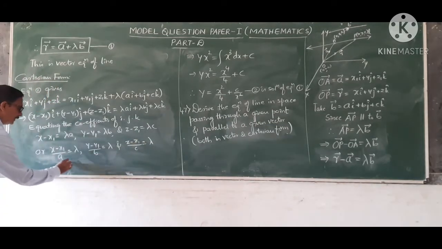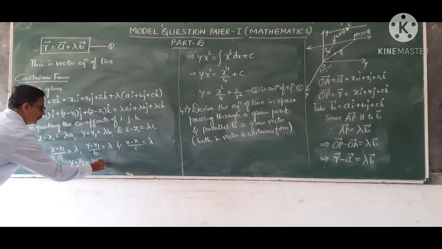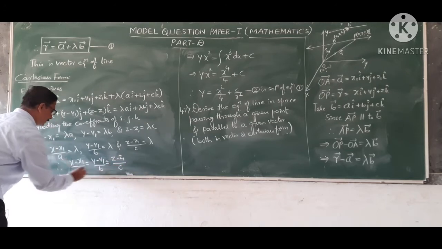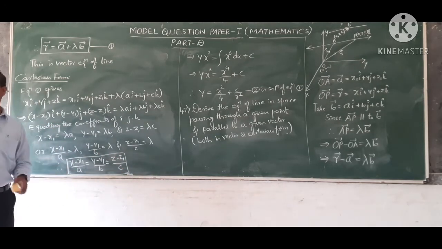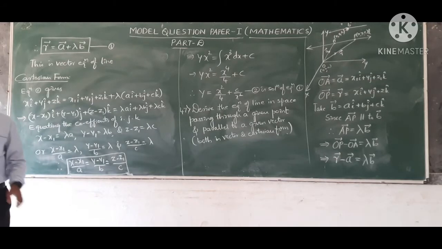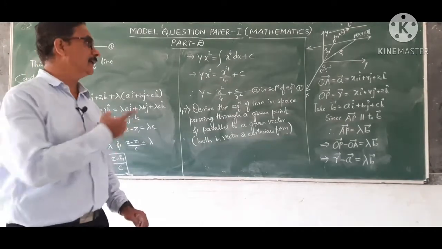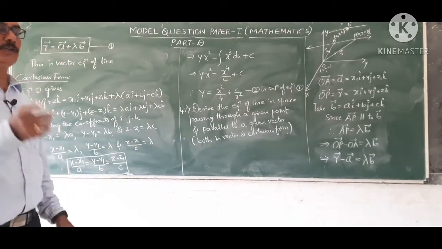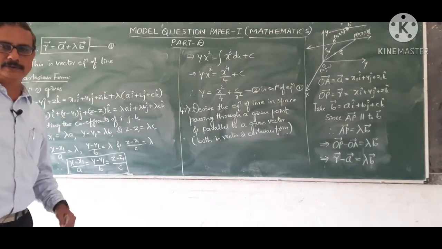We conclude that (x minus x1) by a is equal to (y minus y1) by b is equal to (z minus z1) upon c. This is the Cartesian form of the equation of a line passing through a given point and parallel to the vector b. The first one, vector r is equal to a plus lambda into b, is the vector form. This is the Cartesian form. Okay.